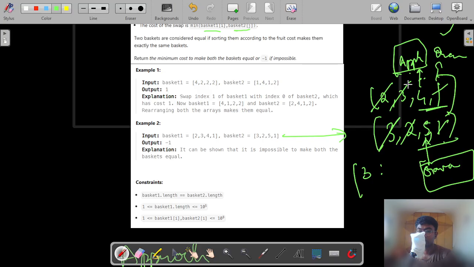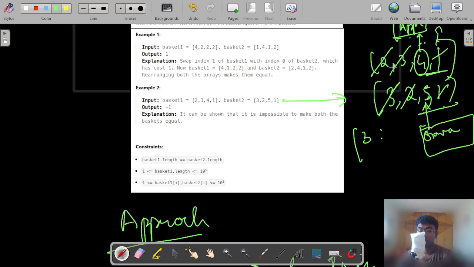So in such a case where both quantities are odd in number, something like 1, 3 or 5, we can say that there cannot be sharing of the fruit, thereby we cannot make both the baskets equal, right? I hope you get the idea.